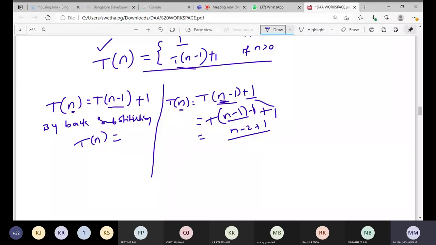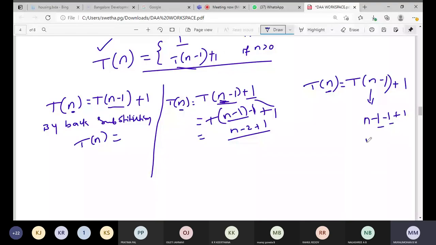Is it clear how we are writing this, sir? Kindly respond, please. Yes, sir. So very simple. In place of n, we are writing n minus 1, and this minus 1 will be as it is, and this plus 1 will be as it is.